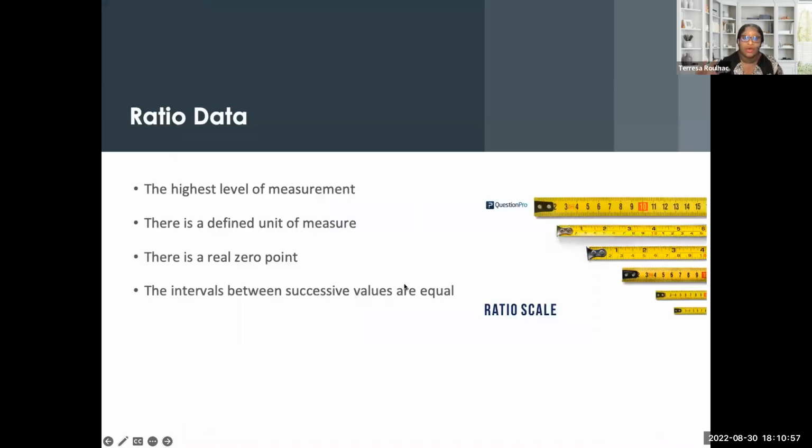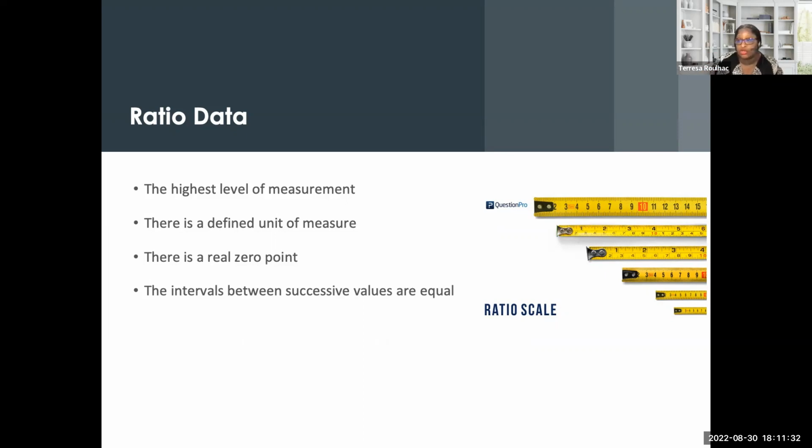Now, when we look at ratio data, the difference between interval and ratio data is simple. Ratio data has a defined zero point. Income, height, although a lot of us want our income to be larger, weight. A lot of us like our weight to be lower. Annual sales, market shares, product defect rates, time to repurchase.